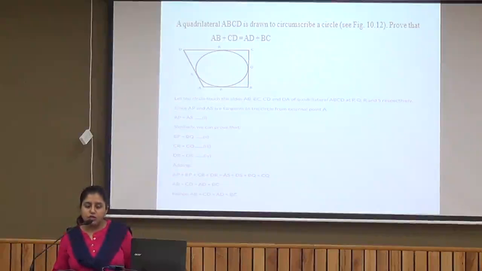Now if we add all these four equations, we'll get AP plus BP plus CR plus DR is equal to AS plus DS plus BQ plus CQ. Now when we add these, we result in AB plus CD is equal to AD plus BC. So if a quadrilateral circumscribes a circle, then the sum of the opposite sides is equal.